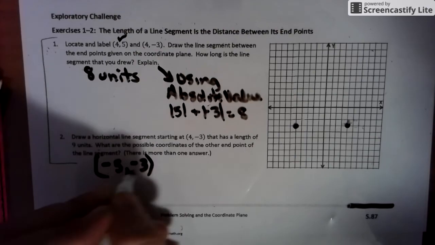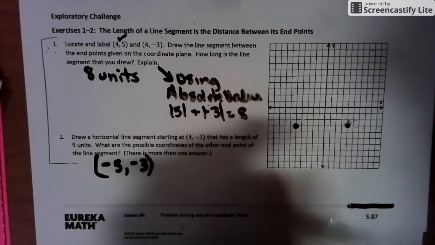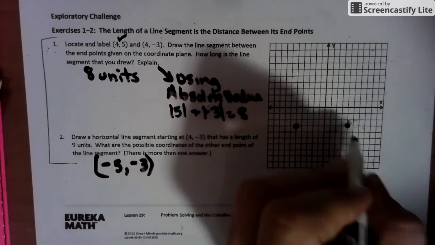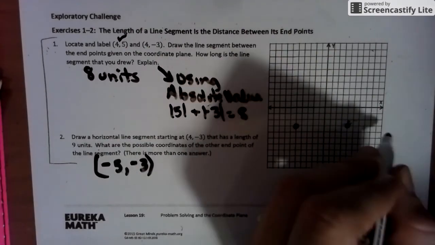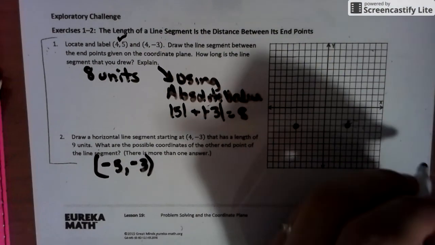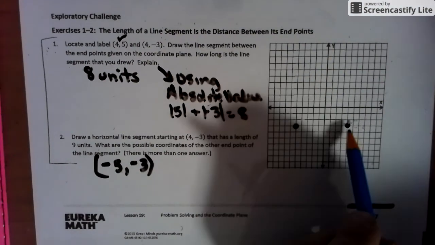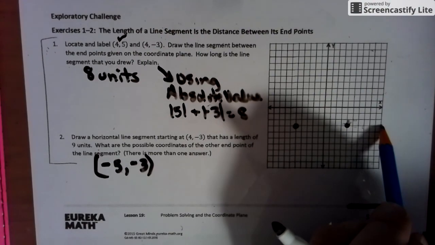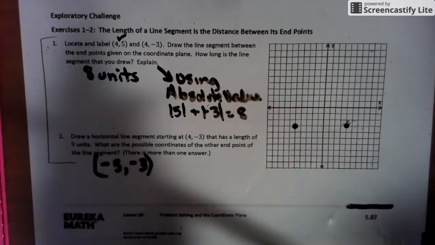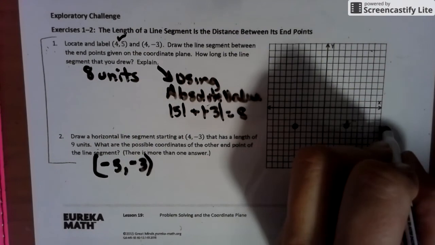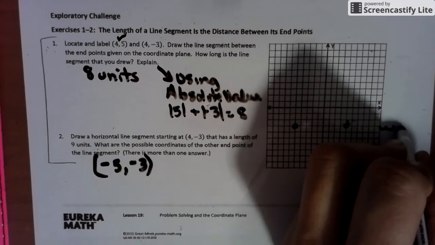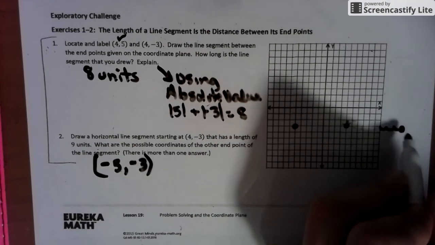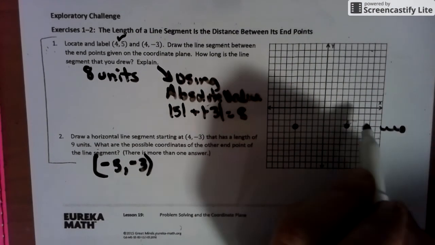Notice the y values are the same because you stayed horizontal. That's a possible one. Well, who's to say we can't go horizontal this way? We just ran out of graph paper. But technically, we could go 1, 2, 3, 4, 5, 6, 7, 8, 9 and have a point over here if the graph paper was bigger.